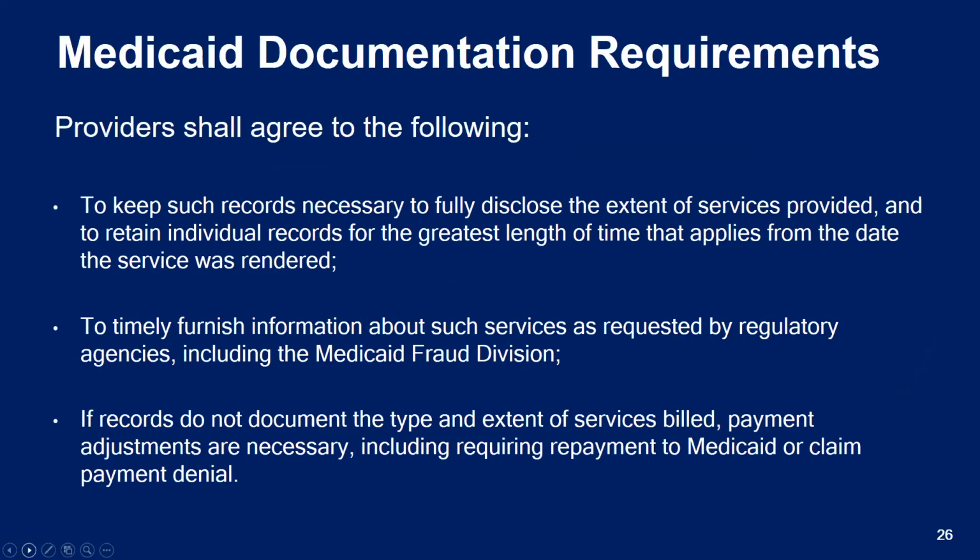Next slide. This slide here just shows that in adhering to the Medicaid documentation requirements, providers are adhering to really 3 things. One, to keep records, to disclose the extent of services provided, as well as individual records for the greatest time that applies from the date services were rendered. Two, to furnish any information that might be requested by the Medicaid Fraud Division, and to do so in a timely manner.